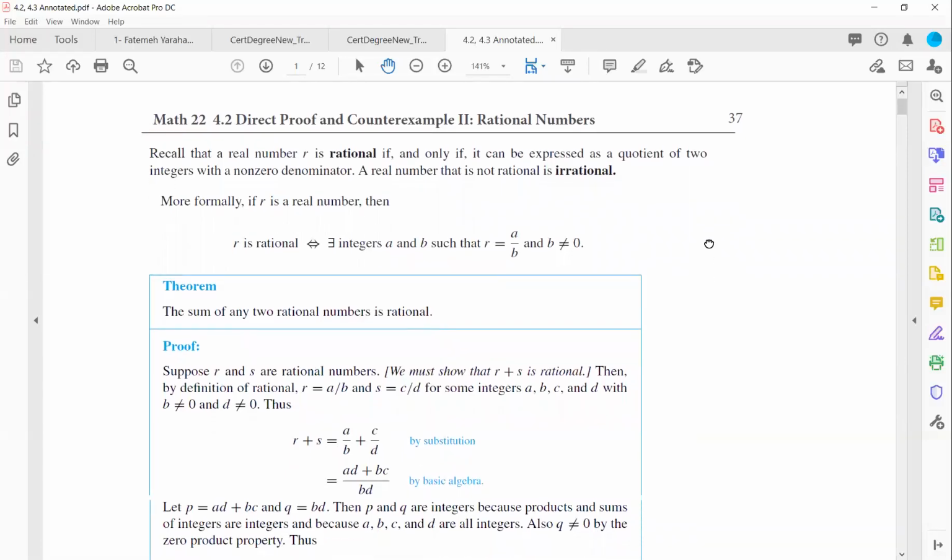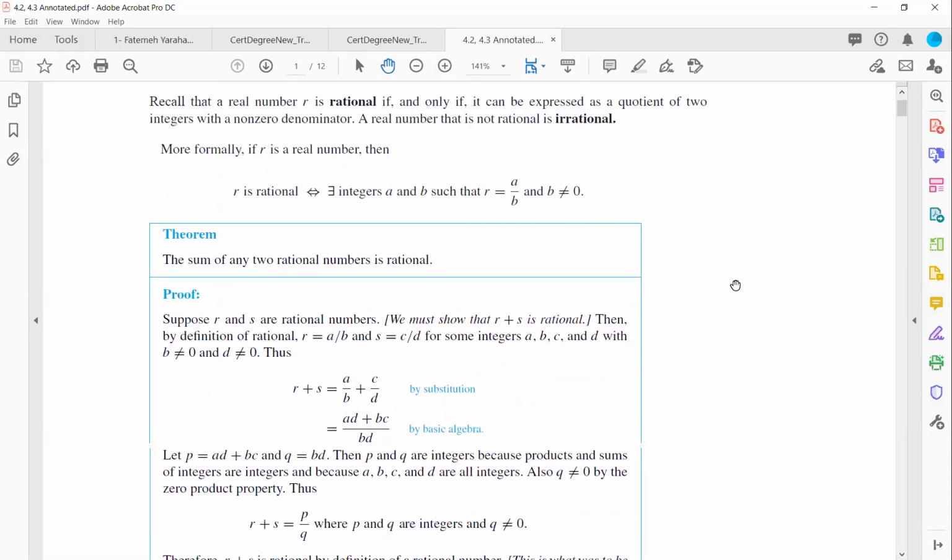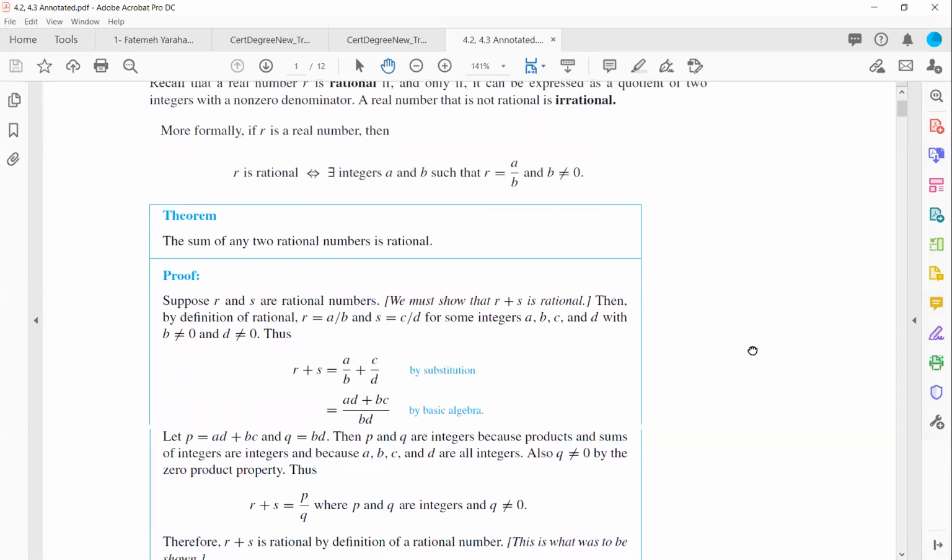Let us take a look at one theorem. This theorem says the sum of any two rational numbers is rational. To prove that, we can use direct proof and the definition of rational numbers. So suppose you take two random rational numbers, R and S. Your goal is to show that their sum is also a rational number.